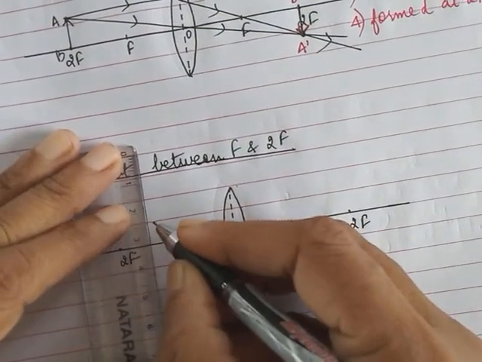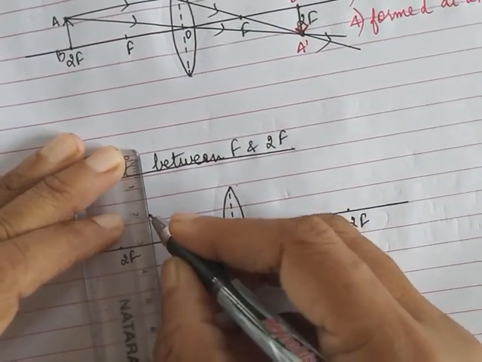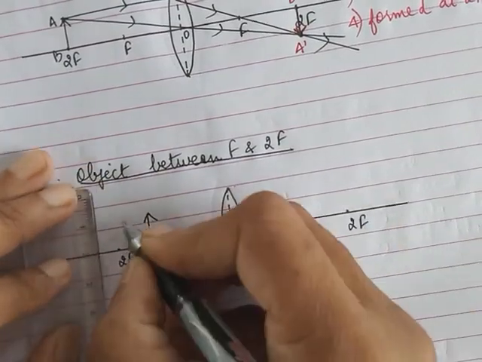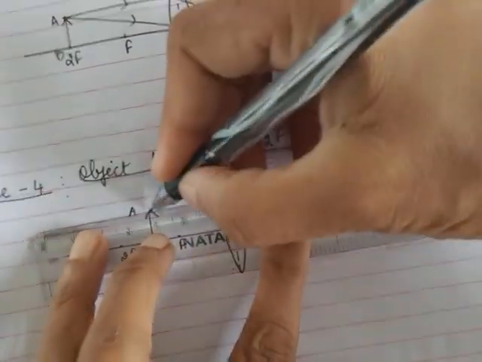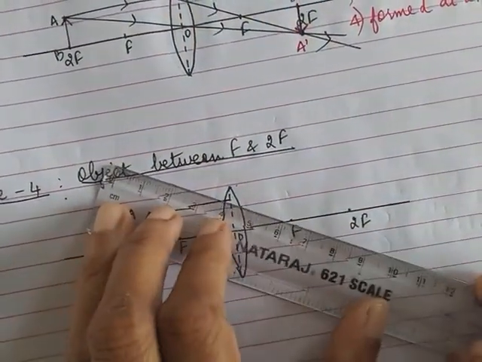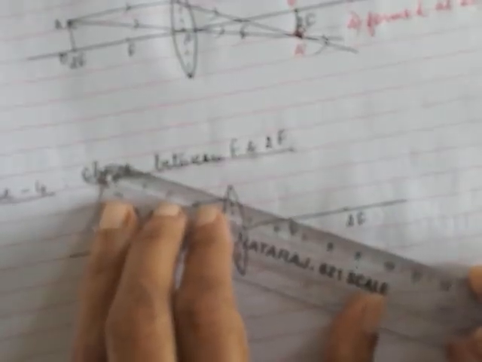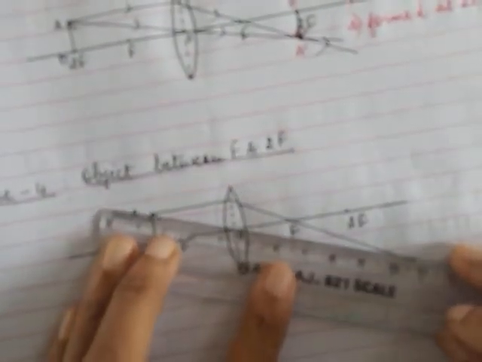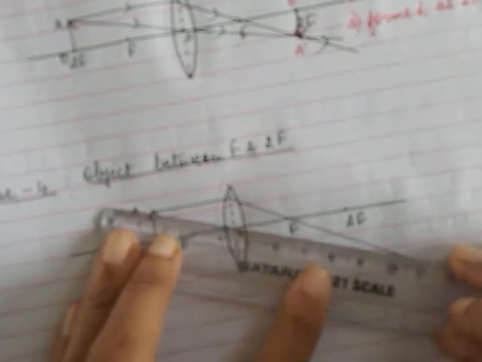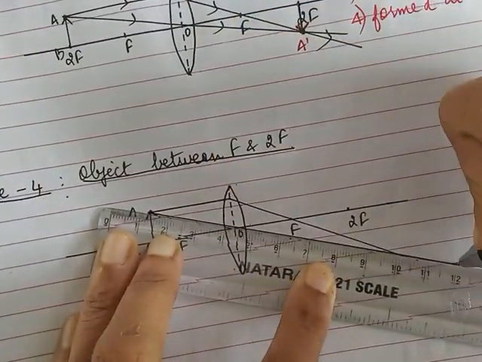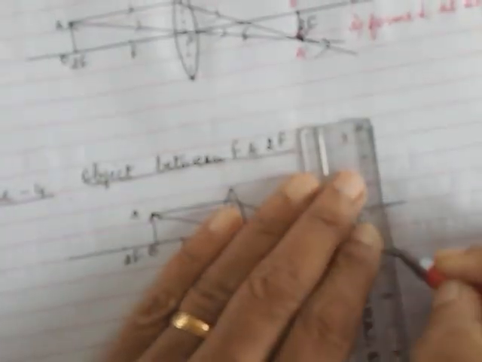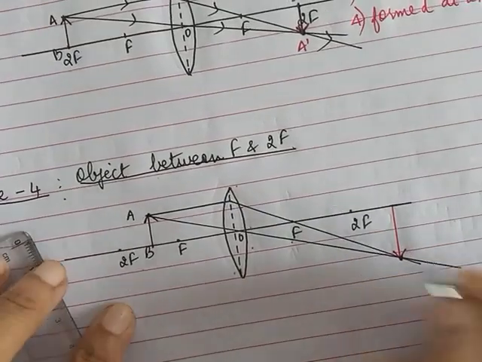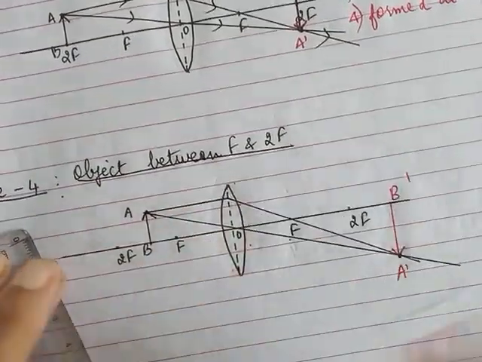So between f and 2f, an object of height 1 centimeter, A, B, first ray parallel to principal axis, after refraction passing through principal focus, second ray passing through optical center, and they will meet here, and so your image is formed here, A dash, B dash.